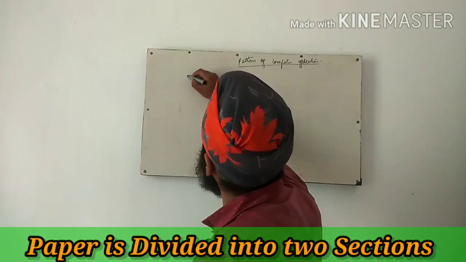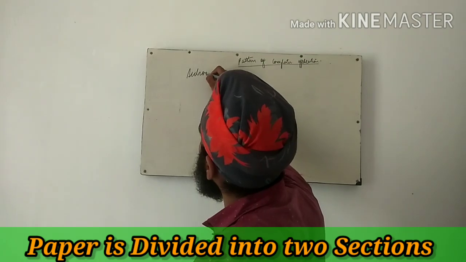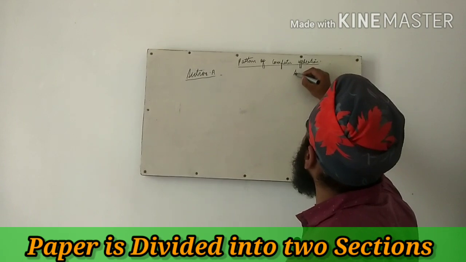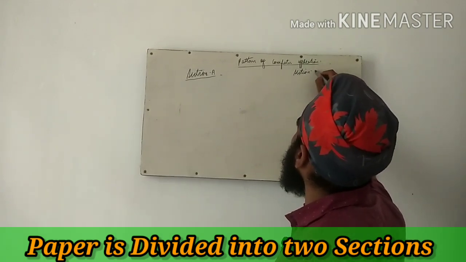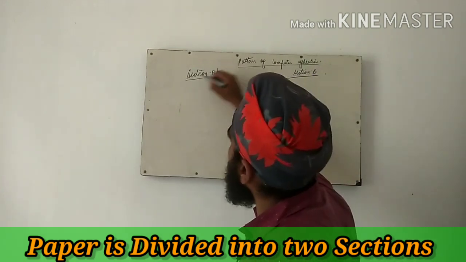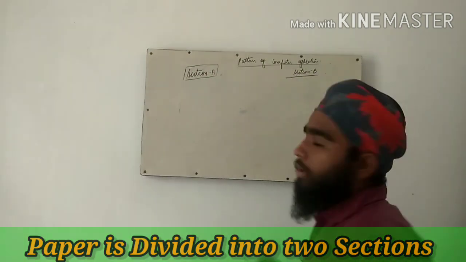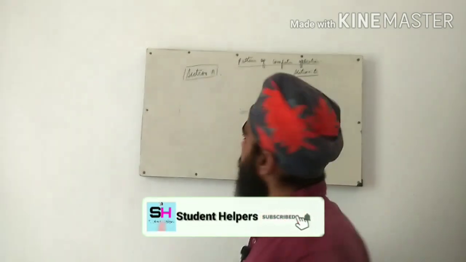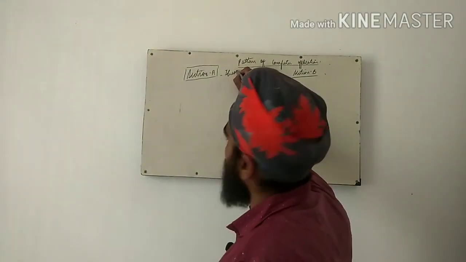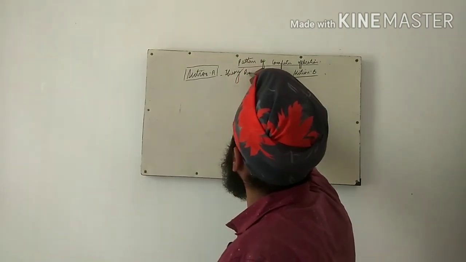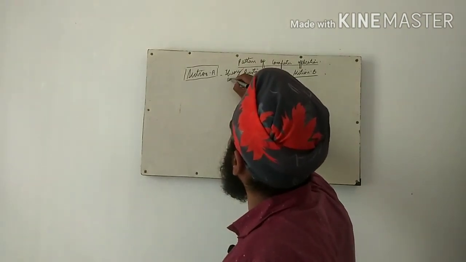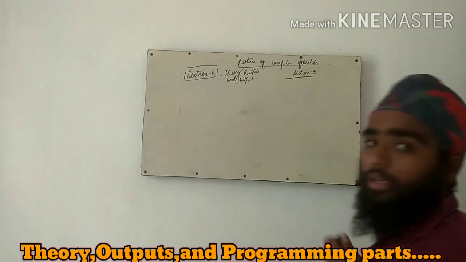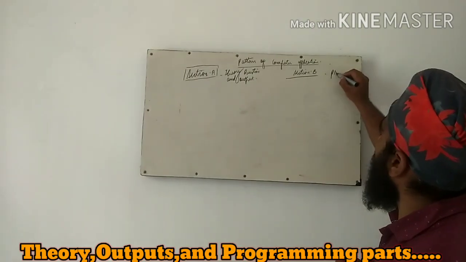First is section A. Second is section B. In section A, we will see all the theory questions and outputs of computer application. In section B, we will only see programs.